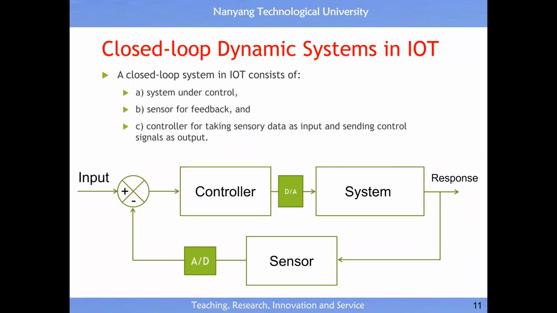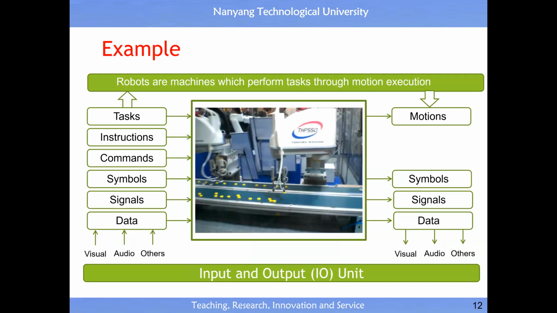Because the digital output from the controller must be converted into analog input into the analog system, because an analog system can only take in analog values. So you see, if the sensor output is analog, then we need to convert the analog output from the sensor to become a digital input to the controller. So now you see these two devices, AD converter, DA converter, all right? So these are very, very important devices inside a networking system, all right?